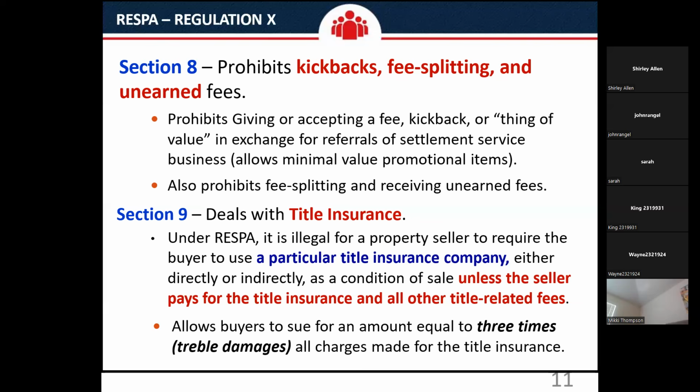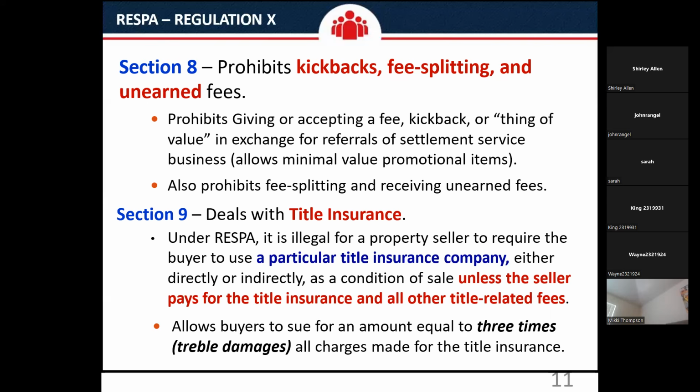Typically it says you cannot force the borrower to use a particular title company. And if you do, they would have to pay 3 times the amount, which they refer to as treble damages. They have added on to that and said, okay, if the seller agrees to pay for all the title insurance and all the other title related fees, then they can make you use a title company of their choice.